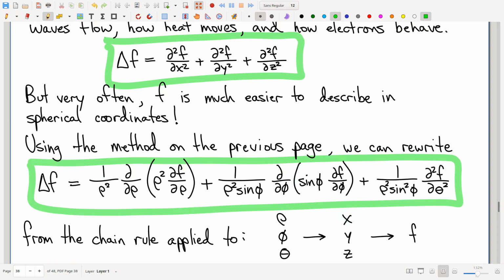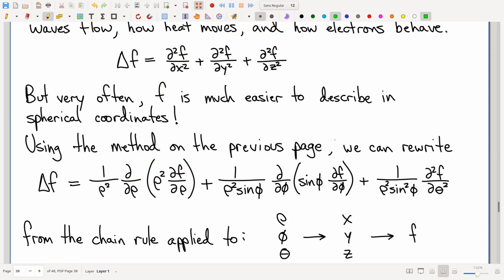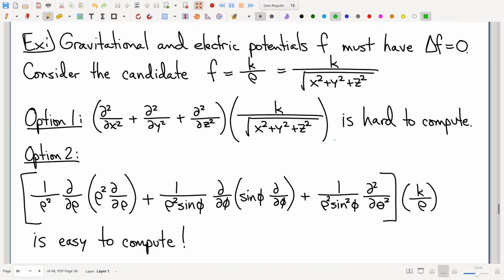Let's consider how we use Laplacians. And here's an example. Let's talk about, for example, gravitational potentials. This could just as well be electric potentials. By the way, it turns out gravitational fields and electric fields are structurally kind of identical.